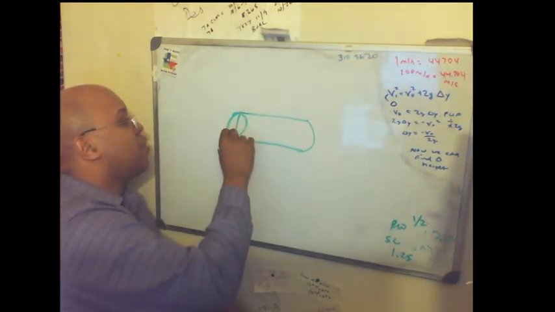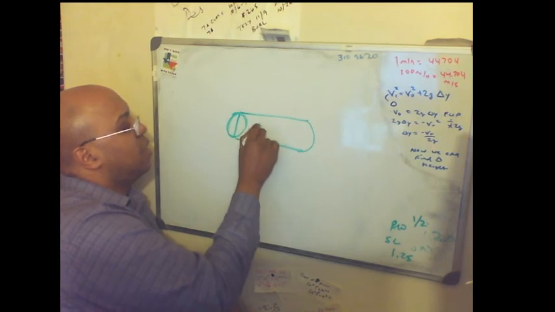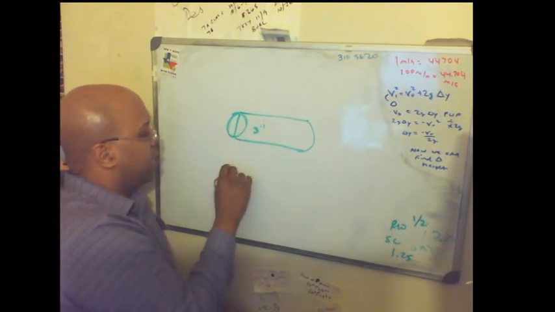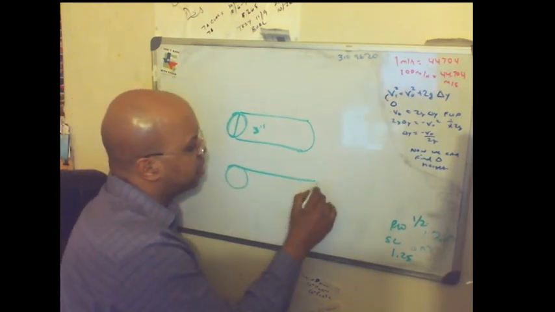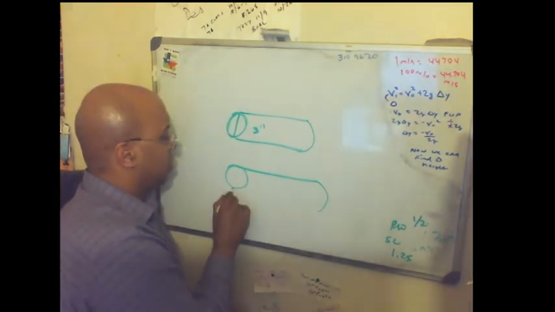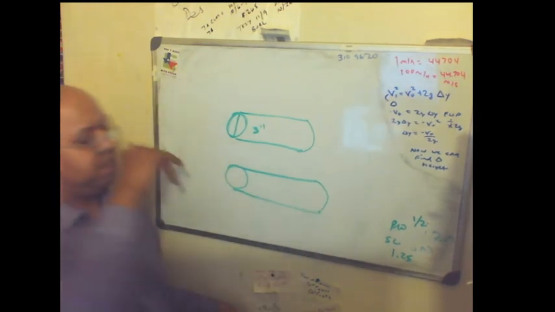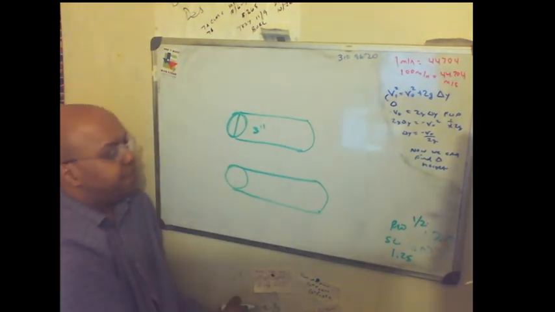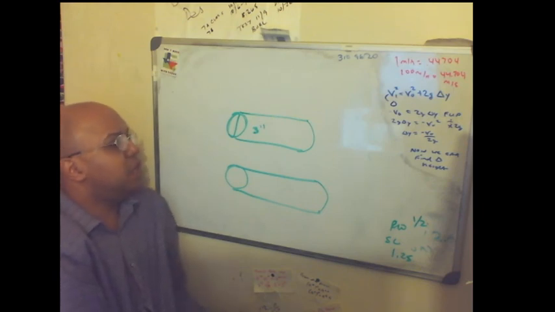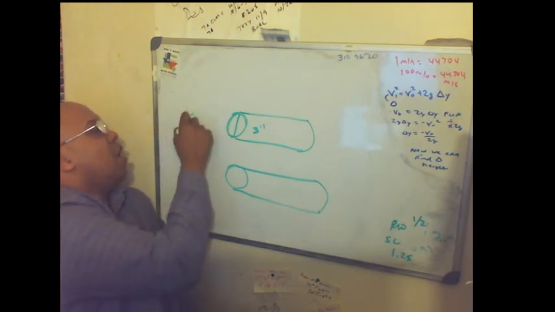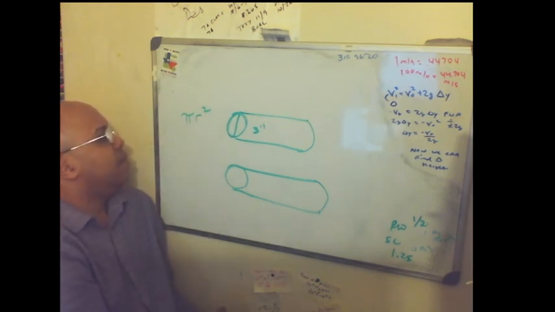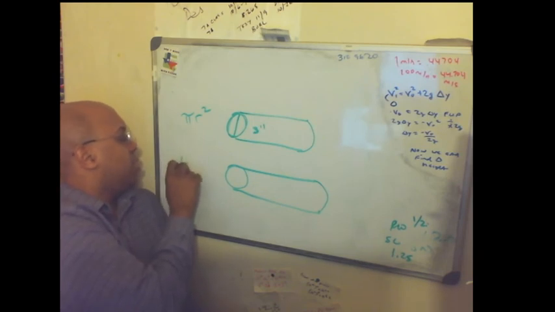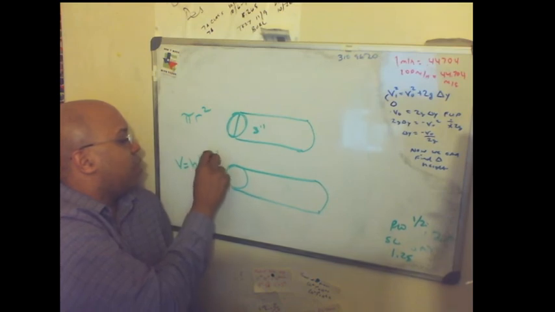So the diameter across here is 3 inches, and we'll take a second pipe. We'll make it longer. We'll say it was 6 inches. Just to be clear, the area of a circle is pi r squared. The volume of a cylinder is the height times pi r squared.